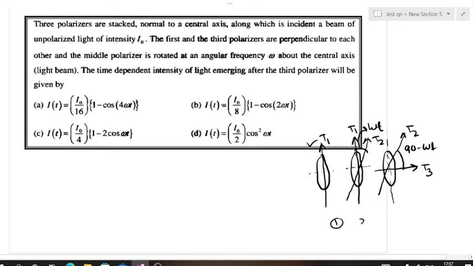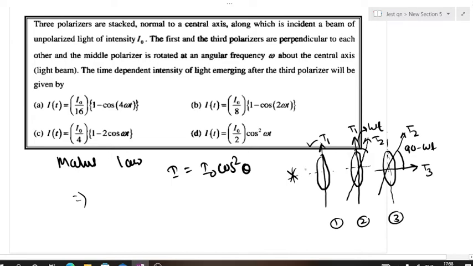First, second and third. By using Malus law, I equal to I naught cos square theta. So when unpolarized rays are coming, that first transmission axis will give the average intensity equal to I naught by 2.